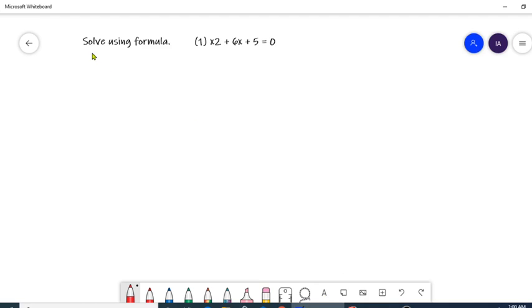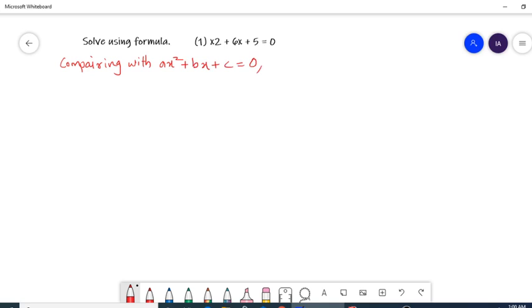So this is your question, solve using formula. Question number 1, x square plus 6x plus 5 equals to 0. This is our equation. We need to find the roots of this equation by using the formula. So first you will compare the given equation with ax square plus bx plus c equals to 0.